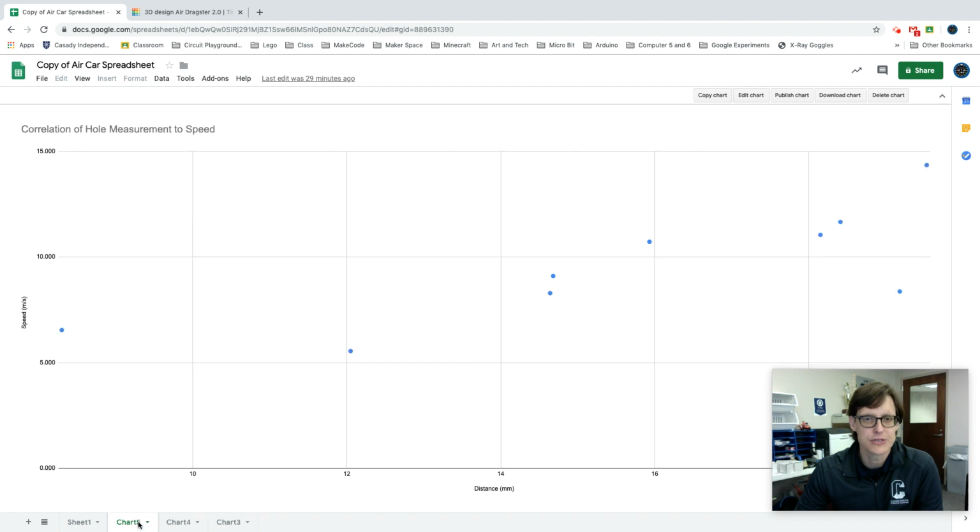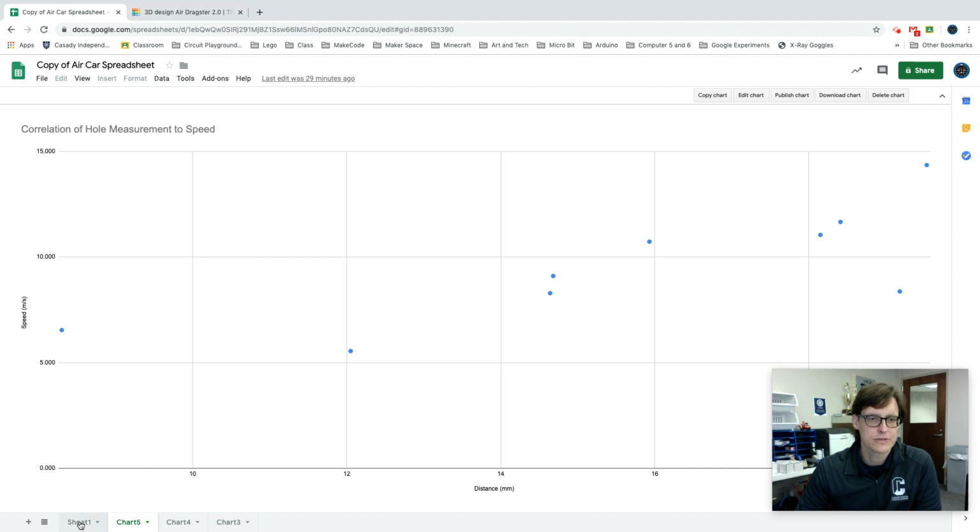And then in chart 5, we went to see if the diameter of the hole here had a correlation to speed. And it looks like there was a positive correlation. As you can see, the trend line that would fit along these dots with just a couple of small outliers.